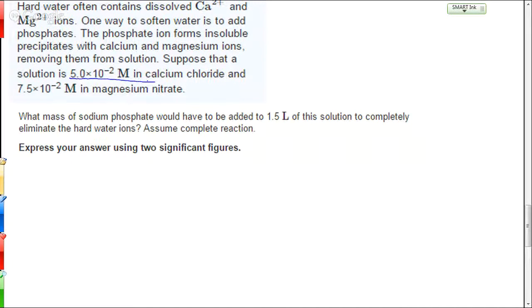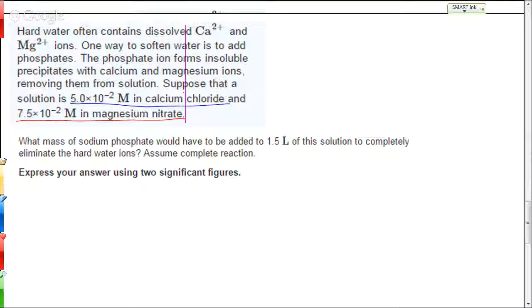You've got these two concentrations. You can use that to figure out the concentration of calcium ions and the concentration of magnesium ions in solution. And then you have to solve two different equations where those things react with sodium phosphate.